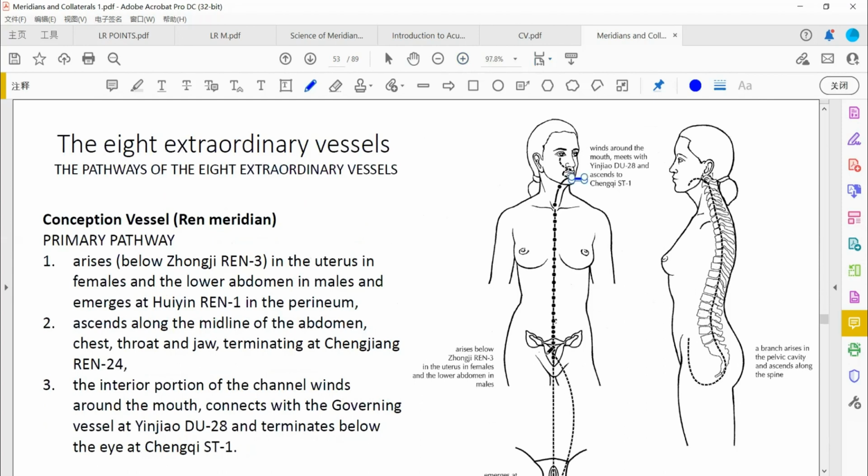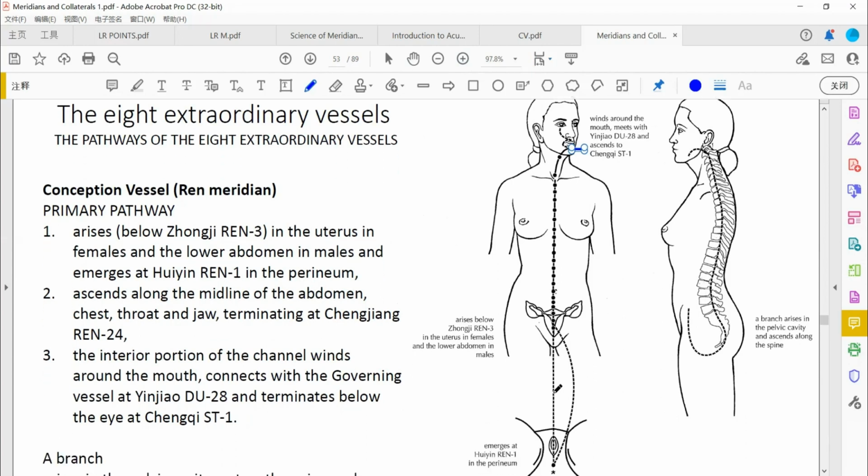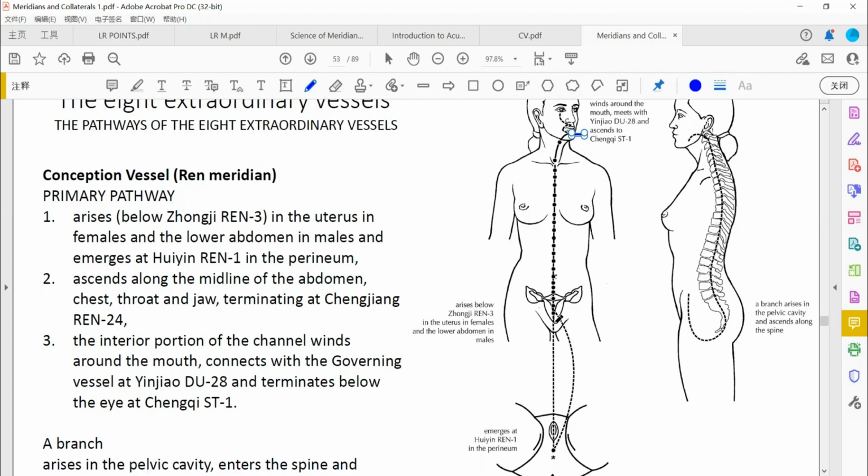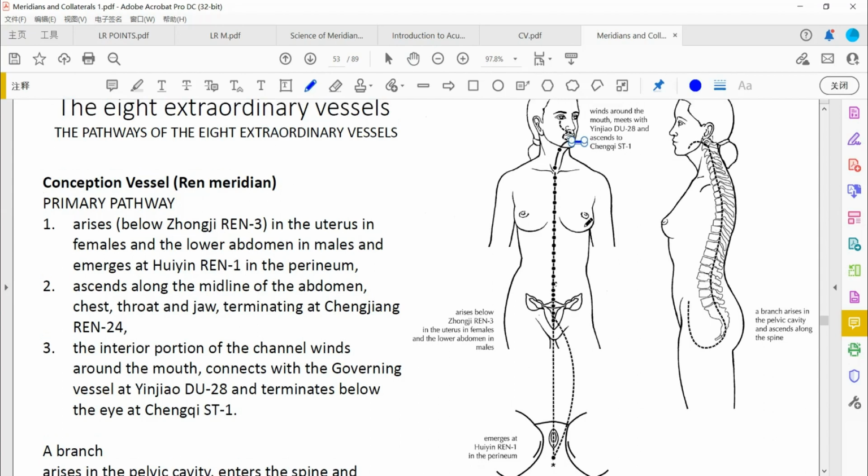So start from the uterus, go down to CV1, CV1 is here, and then to CV2 here. Goes up to CV24, Chengjiang.